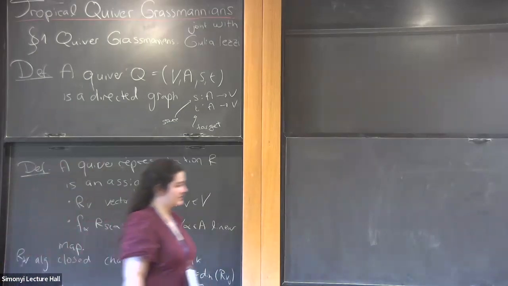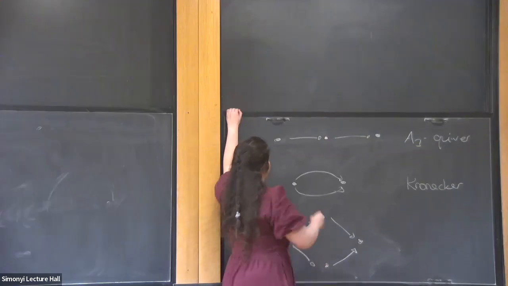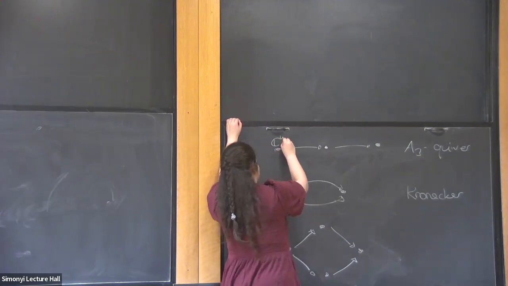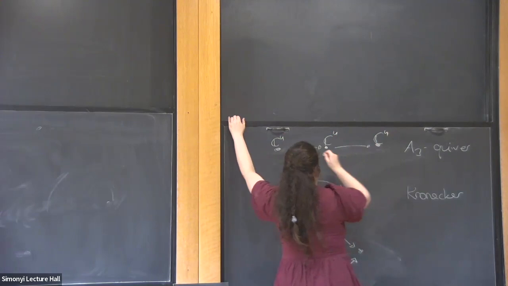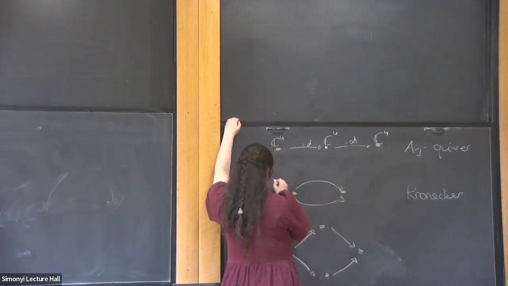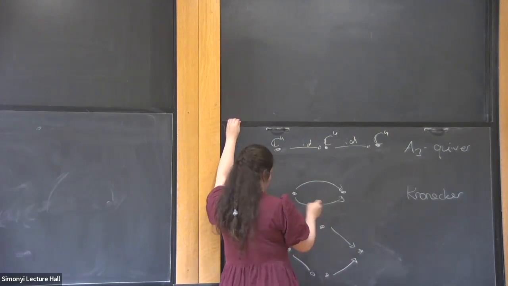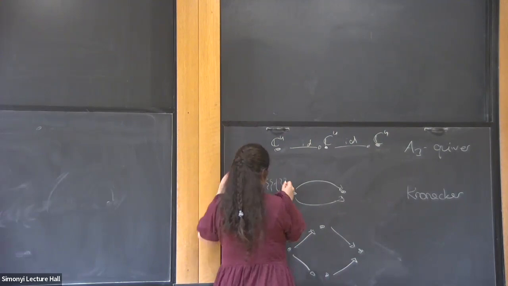So in our examples, I associate C^4 to each of my vertices for the A3 quiver, and the maps I'm going to consider are identity maps. Now, I'm going to do very similar things for all of my examples here, but you'll see that these things tropically will turn out to be different things.